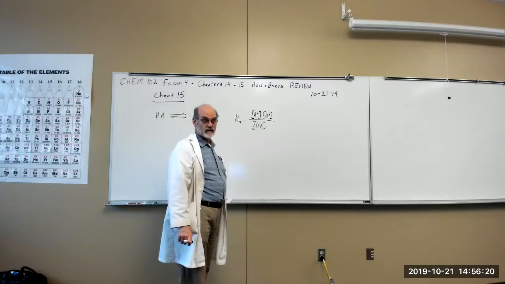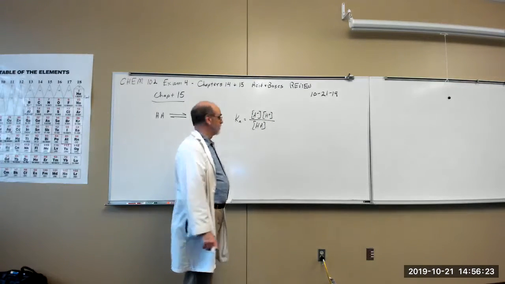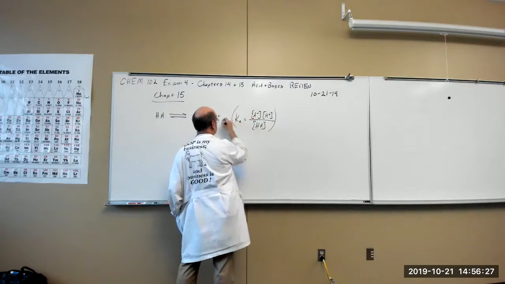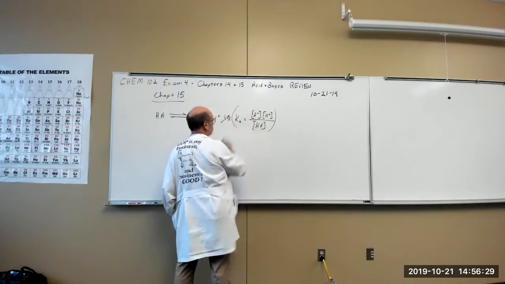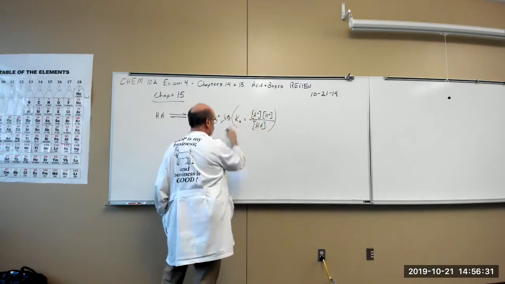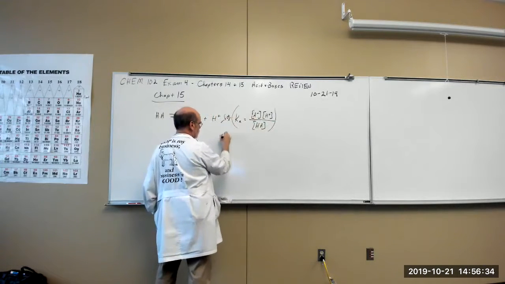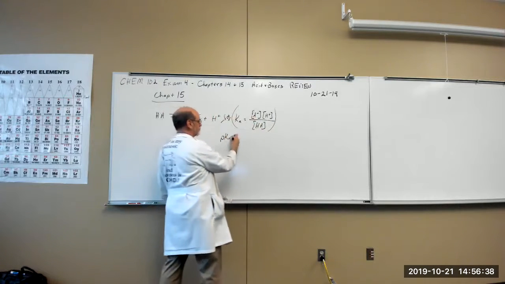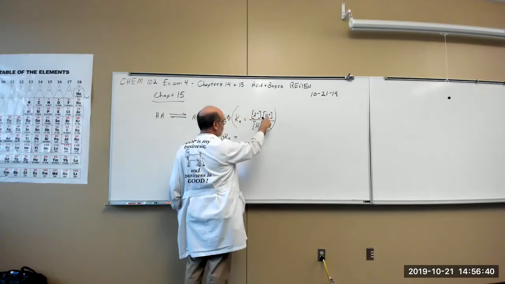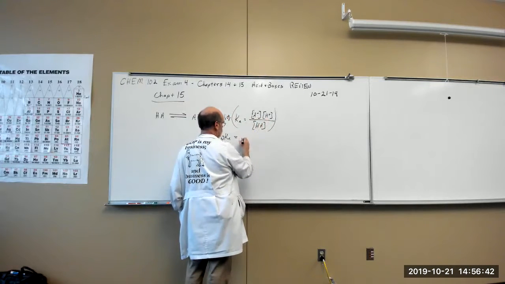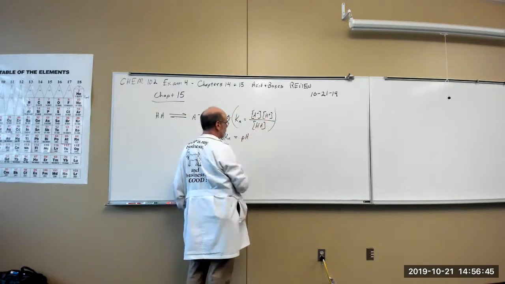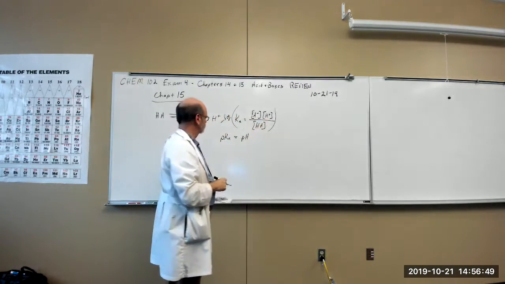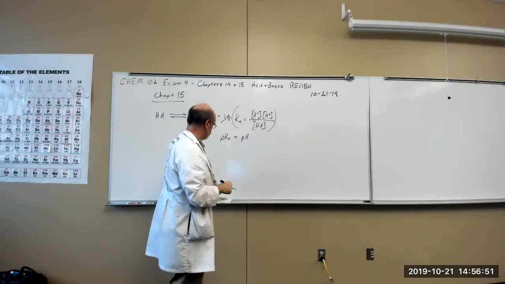Take the negative log. Take the negative log of the entire thing. So what's the negative log of Ka? pKa, right? What's the negative log of H plus? pH. Now, I jumped ahead.